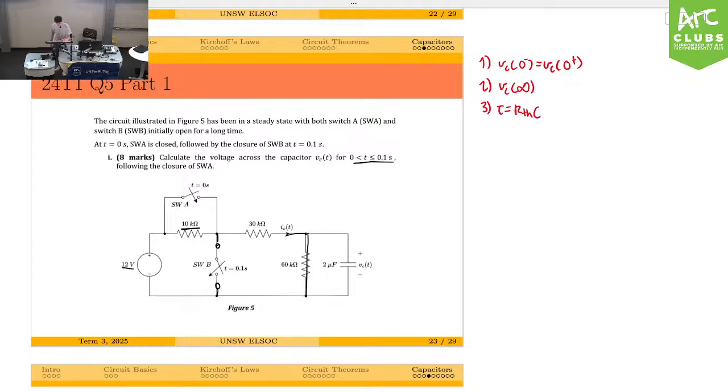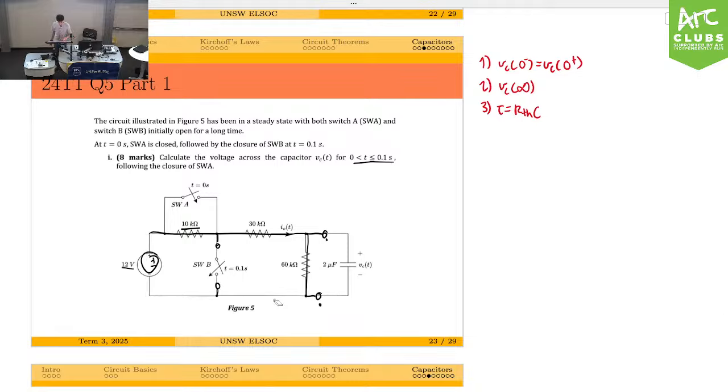I should have maybe taken a step back. This becomes an open circuit because you're assuming that you're at DC steady state. This was getting very messy, so it's really just one loop. And so what we want to do is find the voltage across these two points, which is really just a voltage divider, because we've only got one source.